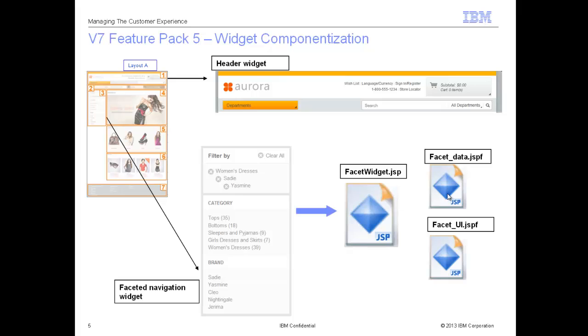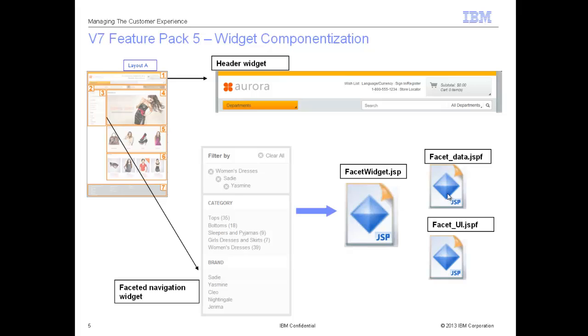And the UI JSP fragment is in charge of rendering this widget. So in there you will ideally just see the HTML structure of how to render this widget using the variables that were set up by the data JSP fragment.